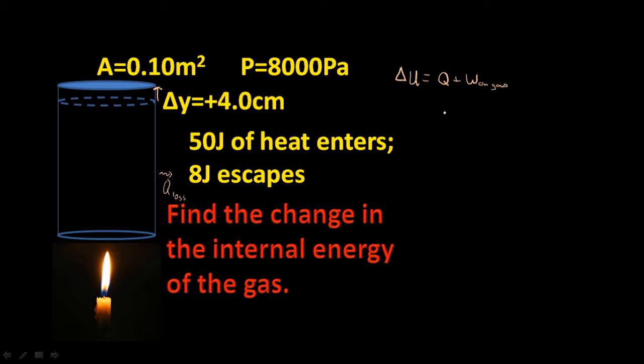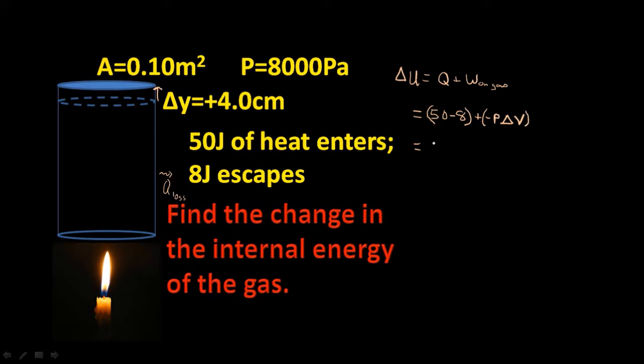But don't we have formulas for that? Absolutely. The heat added is 50 joules minus 8 joules, because there was some heat lost to the environment, plus the work done is negative P delta V if we're at constant pressure, which is what this problem says.